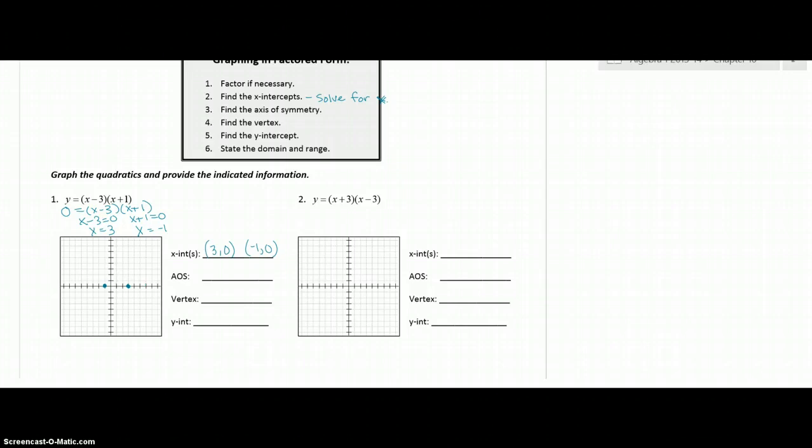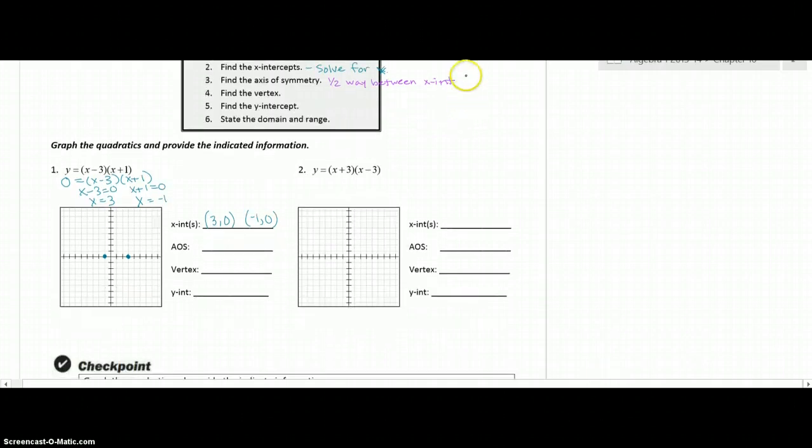Remember, the axis of symmetry is going to cut this in half. It goes through the vertex, but let's find the halfway point first. So this is halfway between the x-intercepts. Another word for halfway between would be the average. So what is halfway between 3 and negative 1?